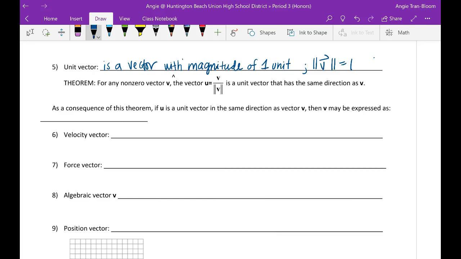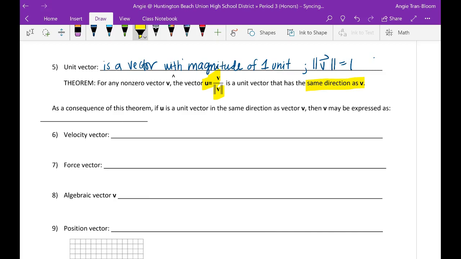Theorem. Here we go. For any non-zero vector v, u denotes the unit vector. The unit vector is simply vector v divided by its magnitude, and it has the same direction as your original vector v.